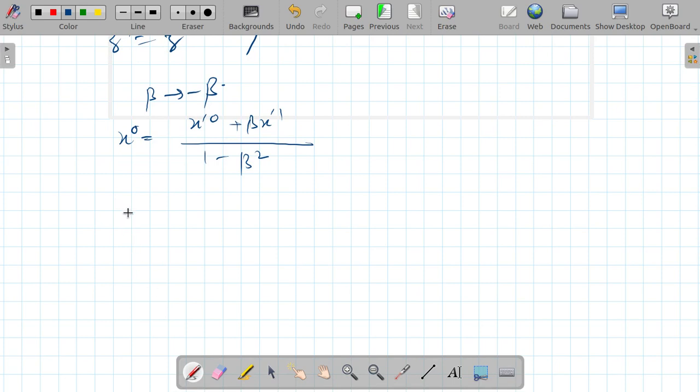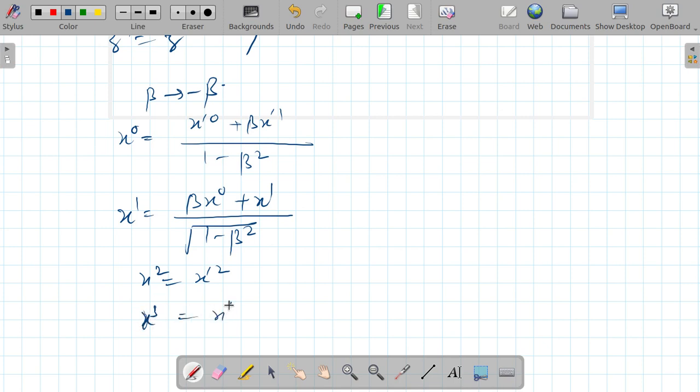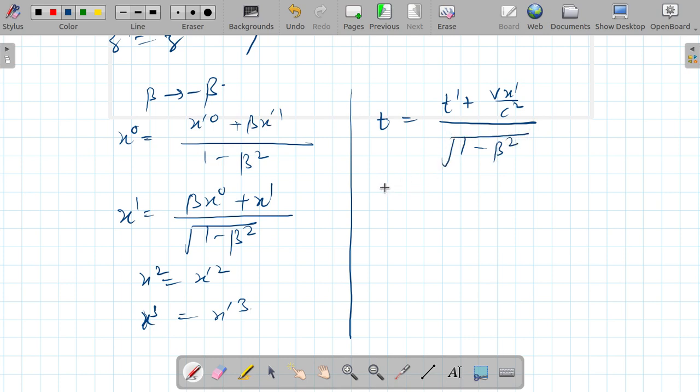These are the inverse Lorentz transformation. x1 is equal to beta x naught prime plus x prime 1 over 1 minus beta square under the root, x2 is equal to x prime 2, and x3 is equal to x prime 3, or these may be written as t is equal to t prime plus v x prime over c square over 1 minus beta square under the root. This is x is equal to x prime plus vt prime over 1 minus beta square under the root, and y is equal to y prime and z is equal to z prime.